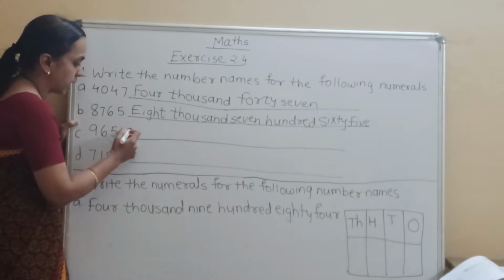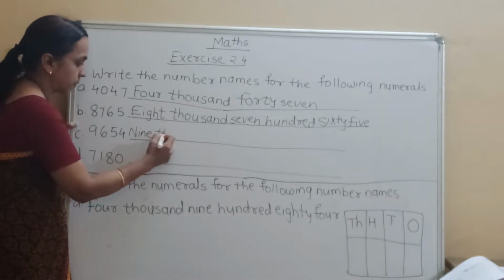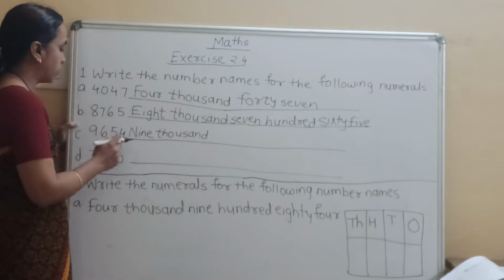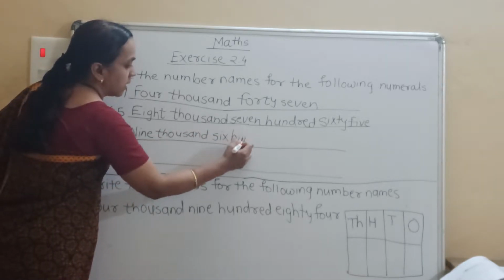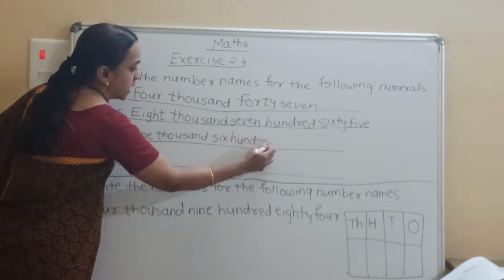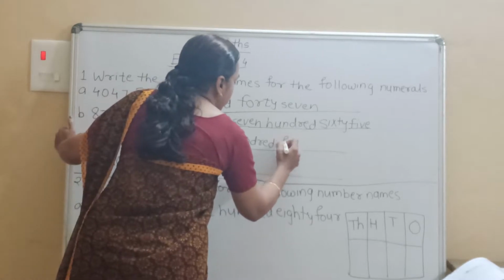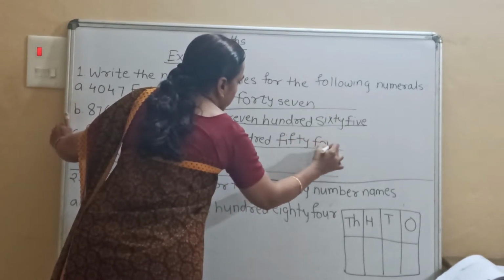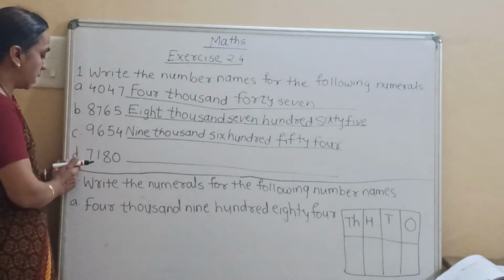Again we have to write down spellings of all. 9000, write down the correct spelling of 1000. 600, correct spelling of 100. And 654. Like this.